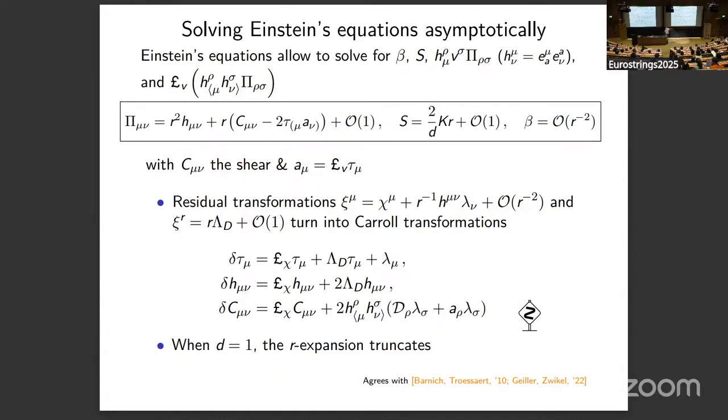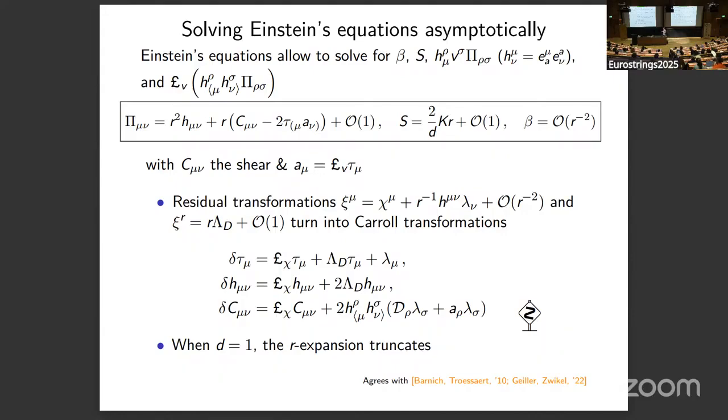It's symmetric, trace-free and spatial, which means that if we contract it with V, the Carrollian vector field, we get 0. This S is quite important. Remember, S was really the g^RR. So it's going to be related to the norm of the normal of a constant R hypersurface. That's going to be important when we consider holographic renormalization and cut off constant R hypersurfaces.